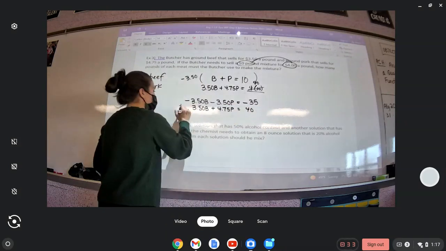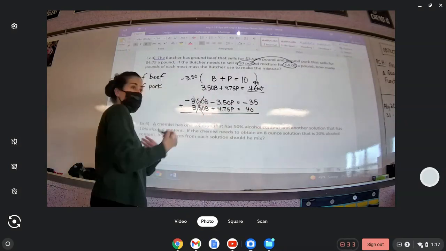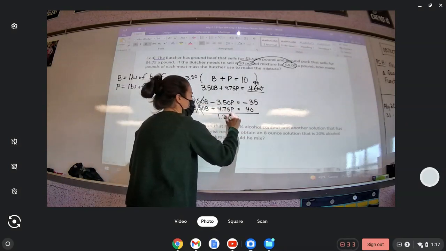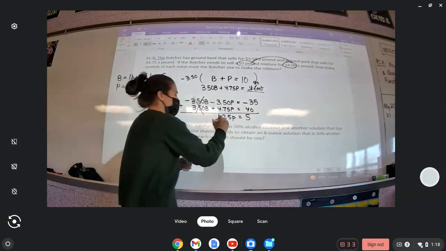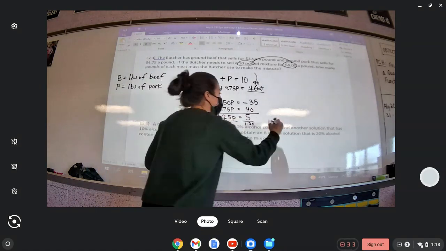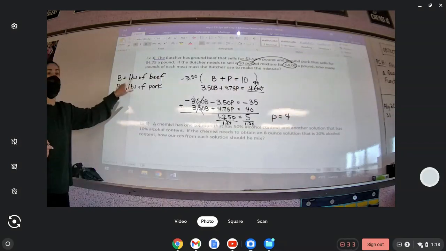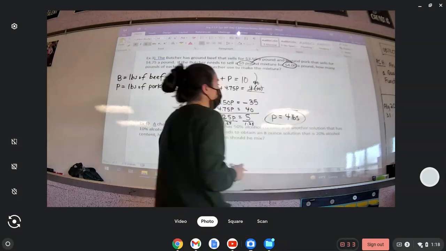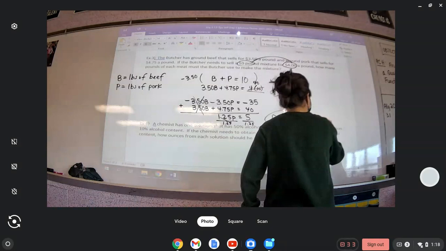And then I can add them together to make one new equation. When I do that, they will eliminate, which was my goal. Negative 350p plus that is 125p, and then it equals positive 5. And then I'll solve for p by dividing. And then I find out that p is equal to 4. That's 4 pounds of pork that need to go into this mixture. And then if p is 4, 4 plus what gets you 10? 6 pounds of beef.